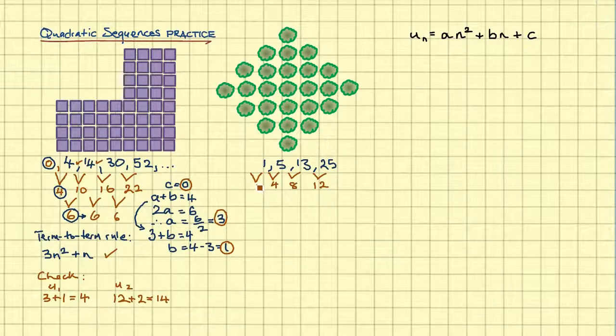Now we're ready to find our 0 term. So we just work backwards to here. Well, we can see that the second difference is going to be 4, so if we subtract 4 from here, we end up with 0. And 1 subtract 0 is going to be just 1.